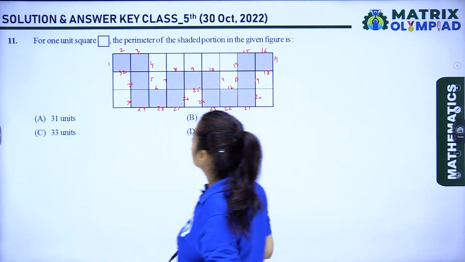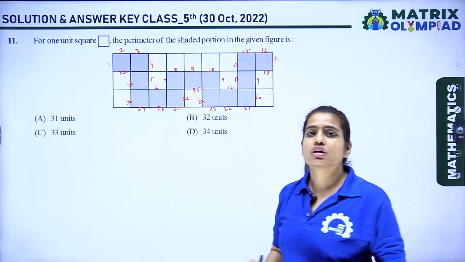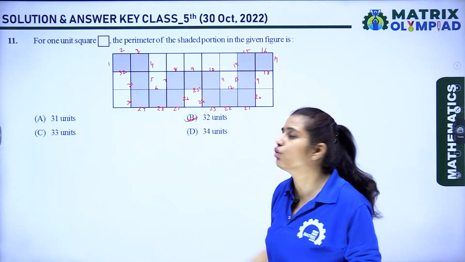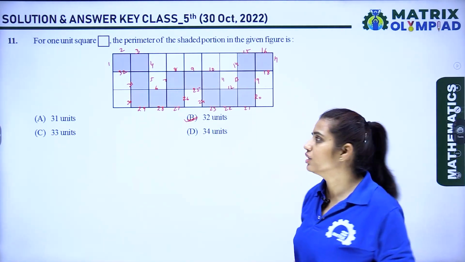This is 32. So according to the option, we can say that 32 unit is the correct answer for question number 11.